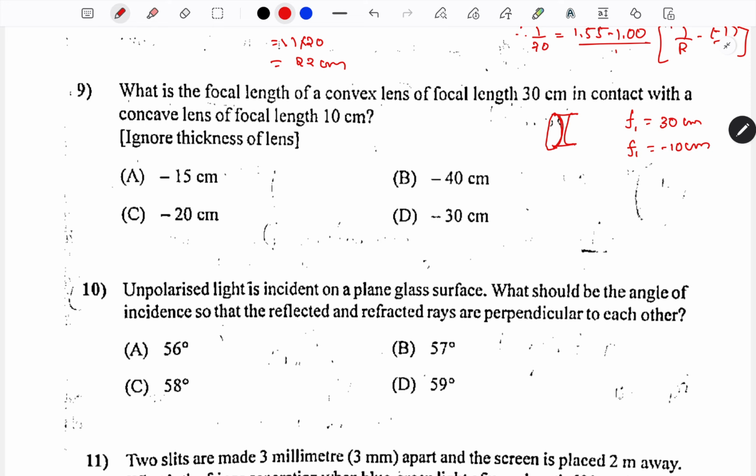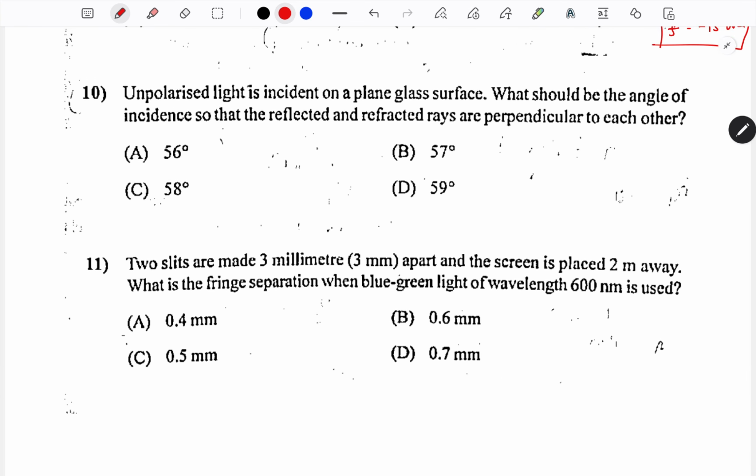When the lenses are in contact, the equivalent is 1 upon F1 plus 1 upon F2, like parallel resistors. So the answer will be 1 by 30 minus 1 by 10, so it will be 1 minus 3 by 30. The answer will be minus 15 centimeter. F is equal to minus 15, answer A.